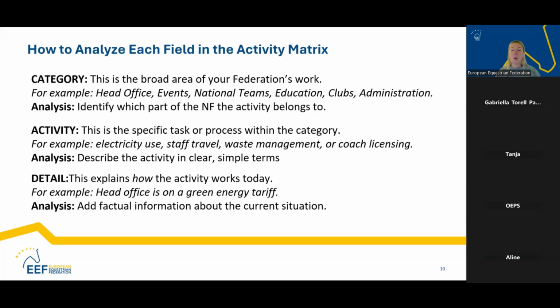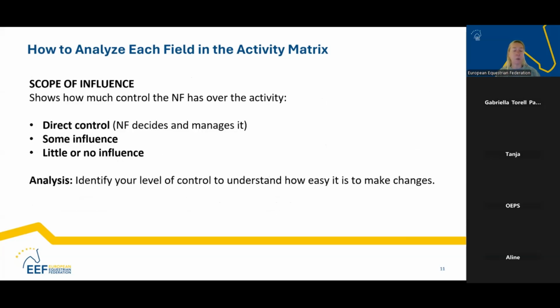You also look at what evidence is already available and where there may be room for improvement. By reviewing each step one by one, you build a clear and complete picture of the activity. This makes it much easier to identify priorities and then decide on the next actions.